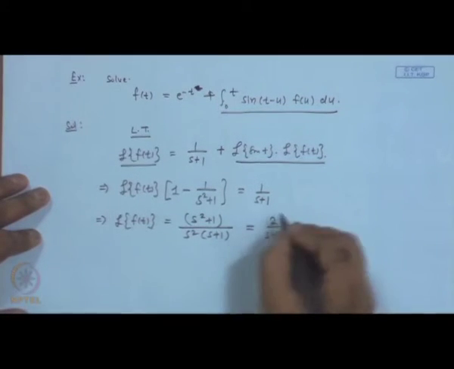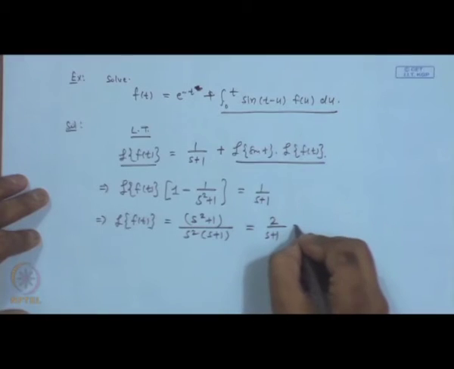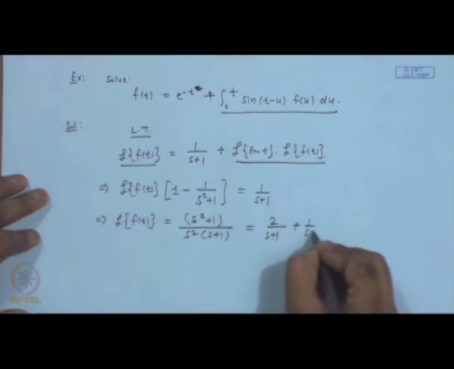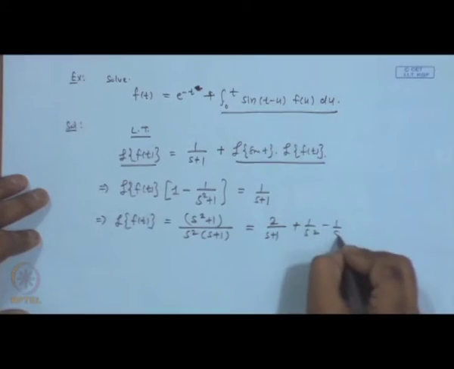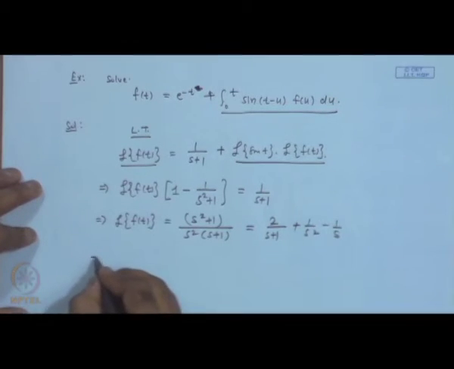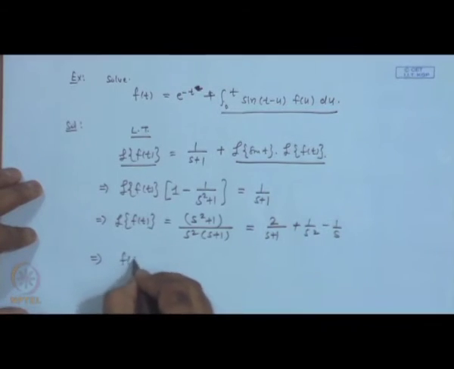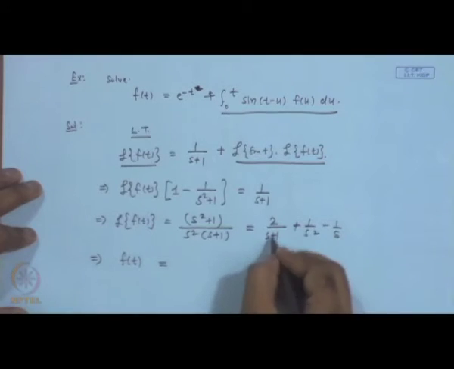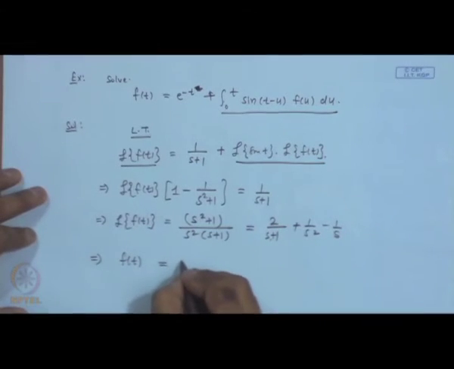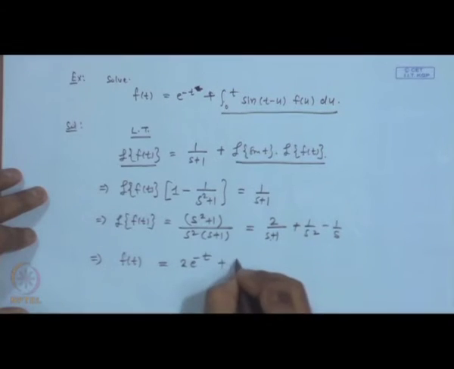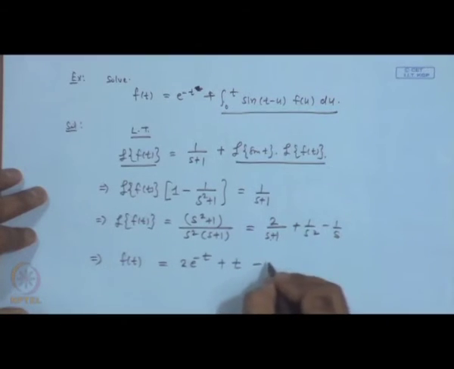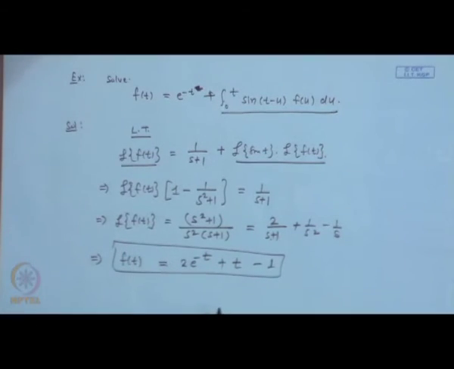So, we have here 2 over s plus 1 plus 1 over s square minus 1 over s. Now, we can take the Laplace inverse. So, we have 2 over s plus 1, that is 2e^(-t), 1 over s square is t, and then minus 1. So, this is the solution of that integral equation.